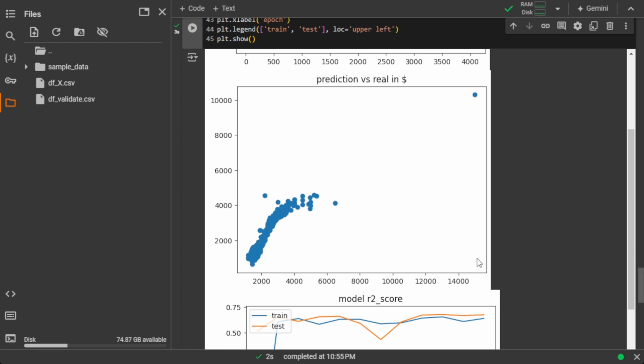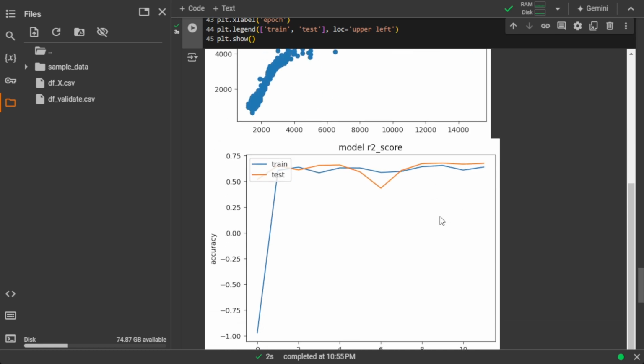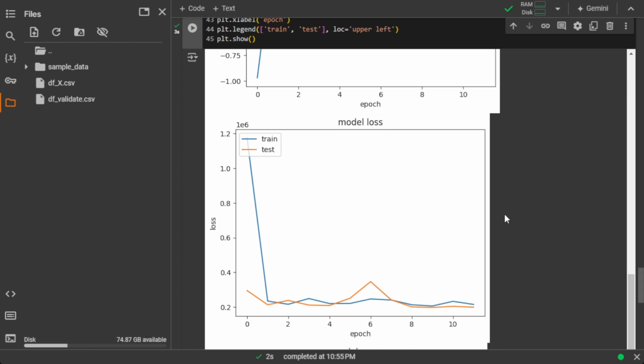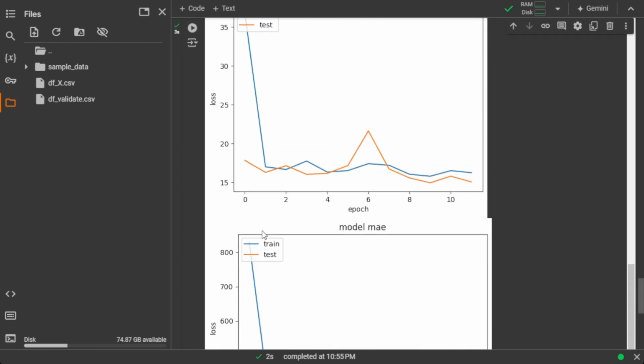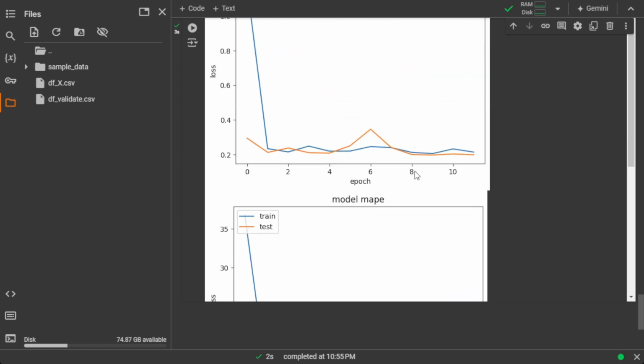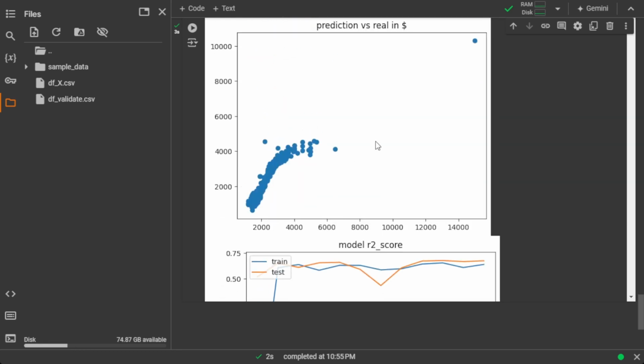So again, this is why we convert to a standardized unit, like per square feet, and get rid of outliers. Because look at this one up here. I think there was one for 2,000 square feet and change, going for 10,000 bucks or something. There's some weird stuff in there. So that's why we convert to a standardized unit and get rid of outliers. And again, this is what it looks like when stuff doesn't work so good, or when you didn't give it enough epochs, right?